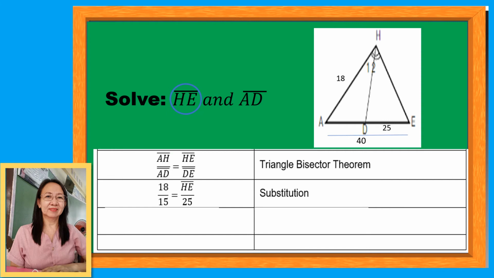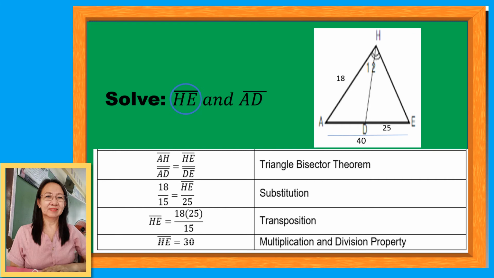Then HE is the unknown and 25 for DE. Then by cross multiplication, we have 15HE is equal to 18 times 25. And then solving for HE, we will get HE is 30. You can check for the answer.